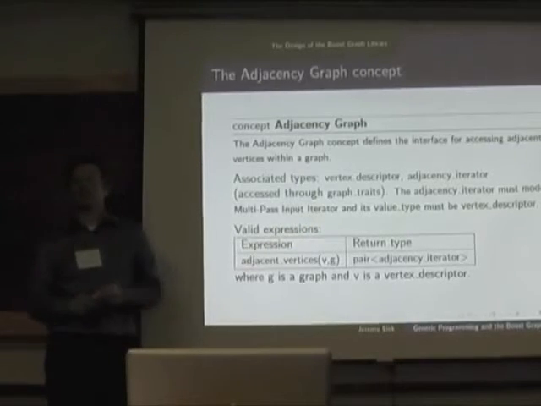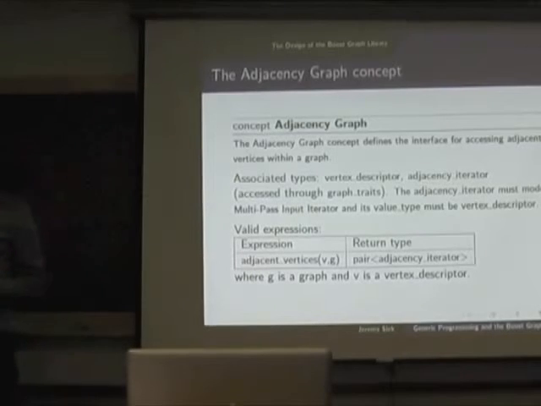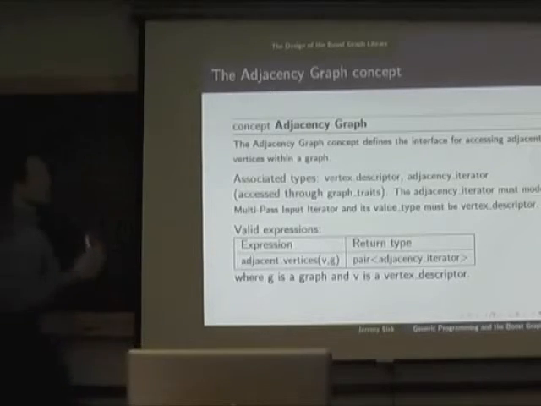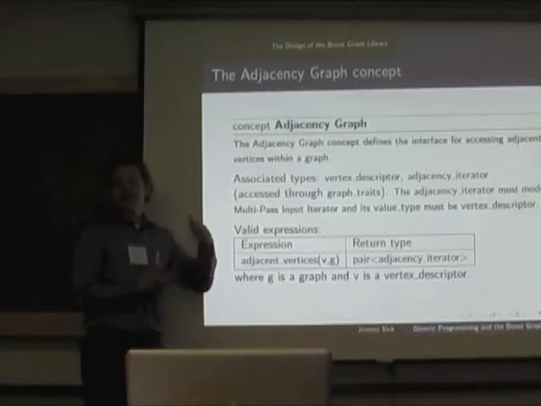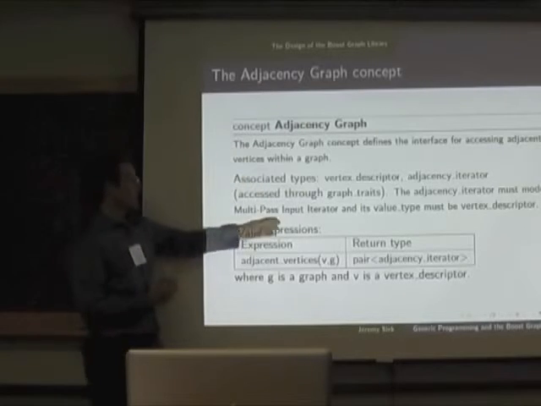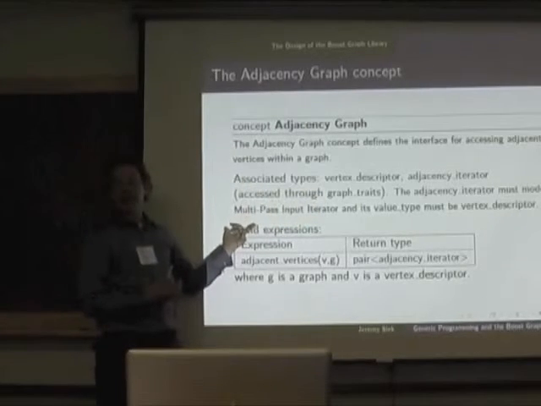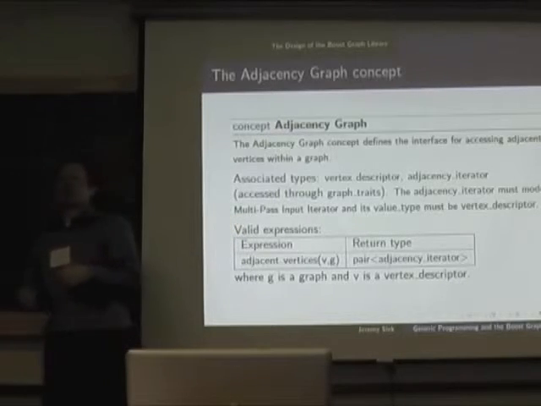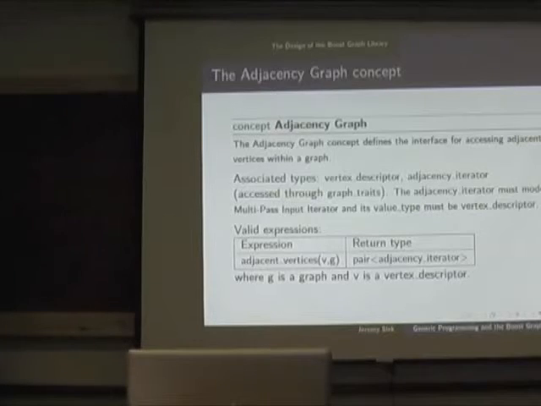From your requirement standpoint, they're all concepts, because they're just a bunch of requirements. But I wouldn't say that adjacency iterator is a concept. I would say that it's an associated type that is part of the requirement of this concept, and we then put other requirements on that associated type, which are expressed by another concept. Associated types are part of what makes up a concept, and you can use concepts to constrain them, but I wouldn't say that an associated type is a concept.